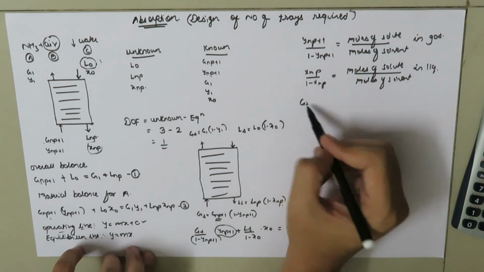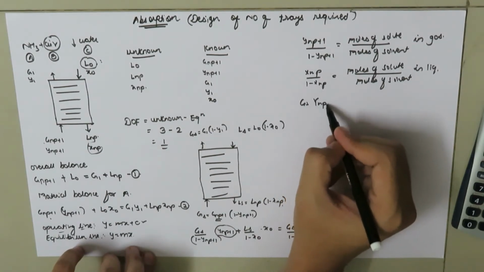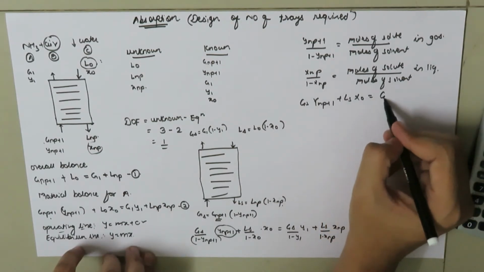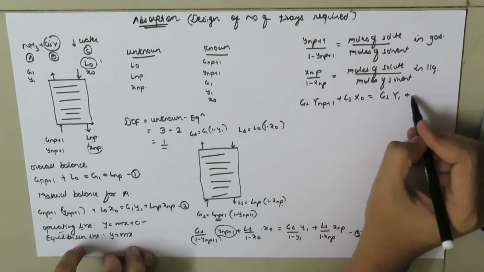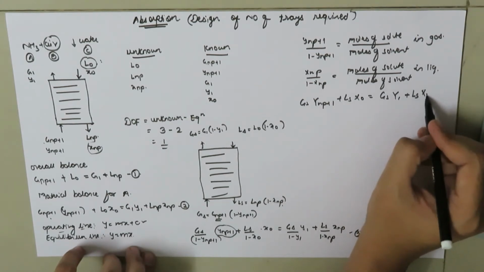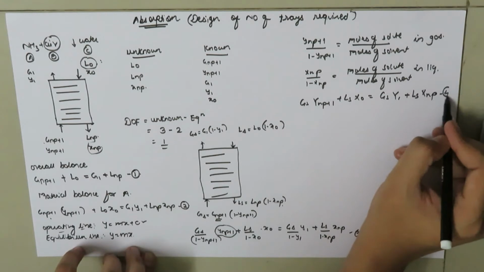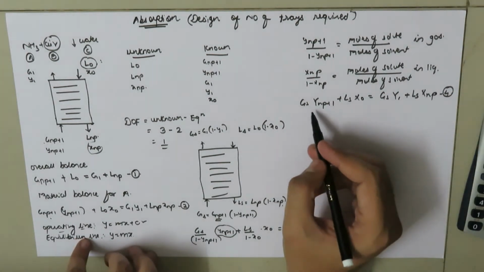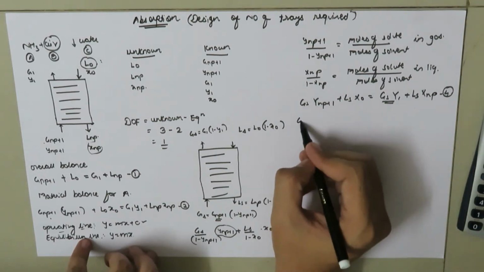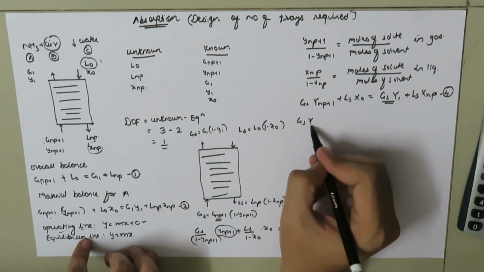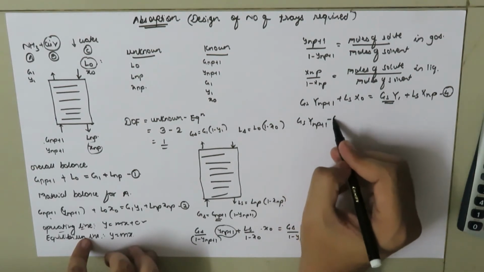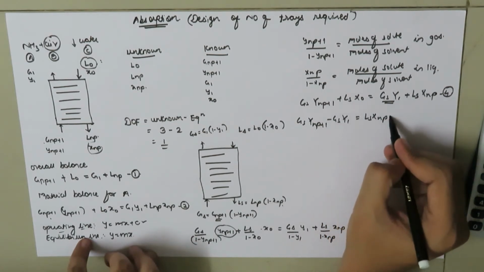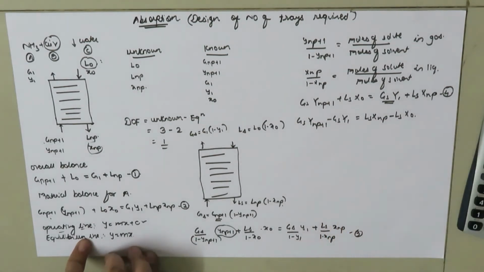So this will be Gs times capital Y_{Np+1} plus Ls times capital X0, which will be equal to Gs times capital Y1 plus Ls times capital X_{Np}. Let's call this equation number 4. Now we are going to rearrange this equation and bring this term to this side. So Gs times Y_{Np+1} minus Gs times Y1 is equal to Ls times X_{Np} minus Ls times X0.